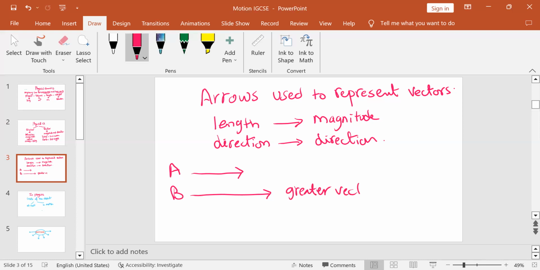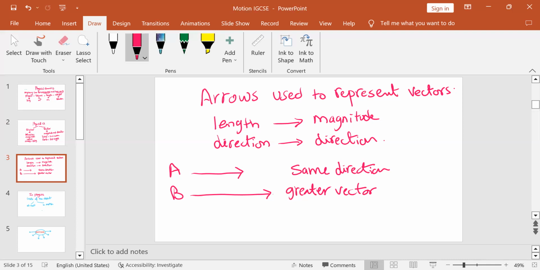But what about the direction? Are they in the same direction or in opposite direction? Same direction. So as you see, we use arrows to represent vectors. The length represents the magnitude, so the longer the arrow, the greater the magnitude.